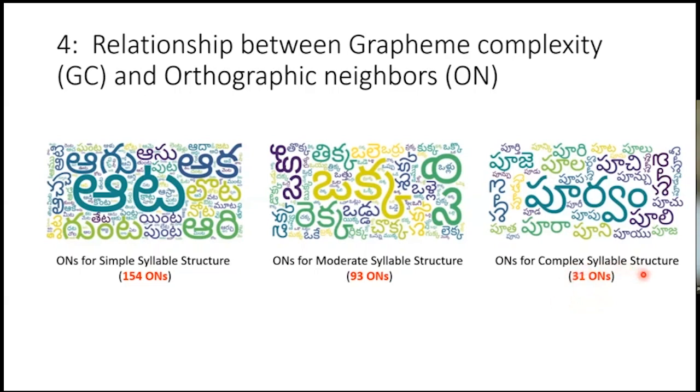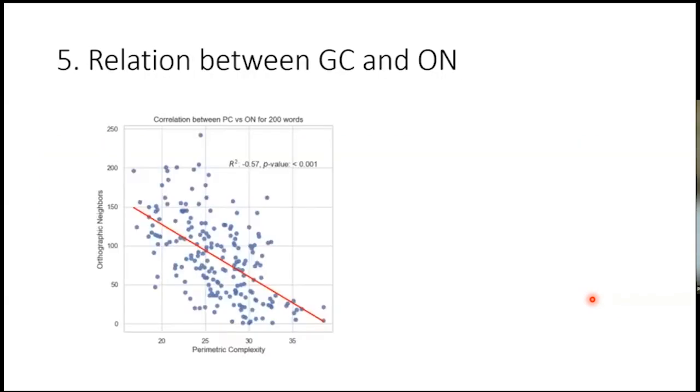So clearly the syllable structure and the number of orthographic neighbors that result from doing these deletions, additions, substitutions changes. And so the relationship is also measured graphically. What we are seeing here is one of the complexity measures, perimetric complexity versus the number of orthographic neighbors. As the perimetric complexity increases, the number of orthographic neighbors decreases.